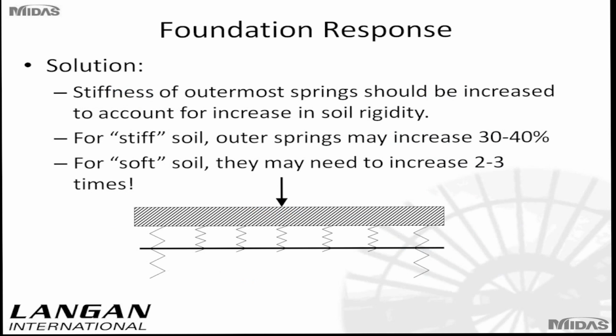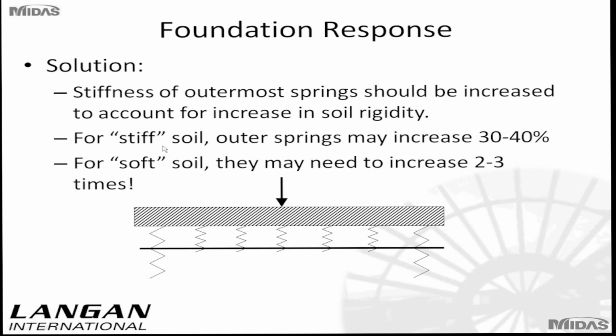So what is the solution for this? The solution is that we should not use one zone of springs, but at least two zones, with the outermost springs being higher than the springs in the center.